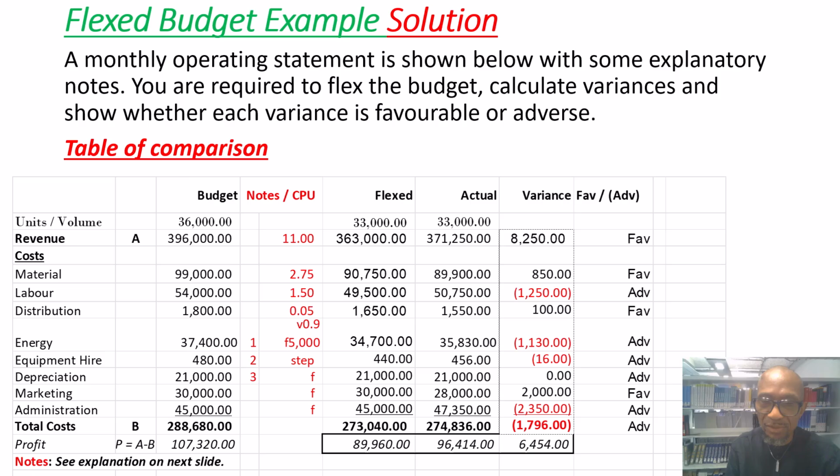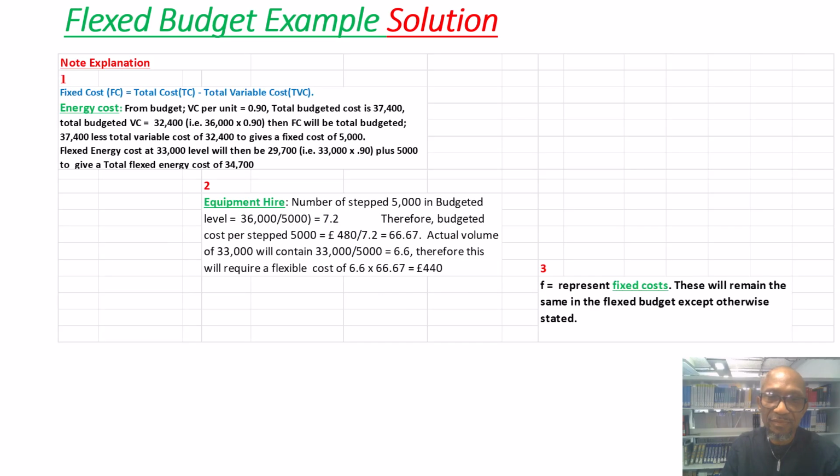Now let's look at the notes. As I said, note 1, which talked about the energy cost, we first of all find the equation that fixed cost is equal to total cost less total variable cost. So for energy cost from budget, variable cost per unit is 90p. The total budgeted cost is 37,400.